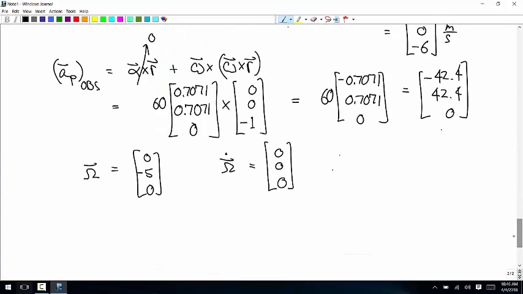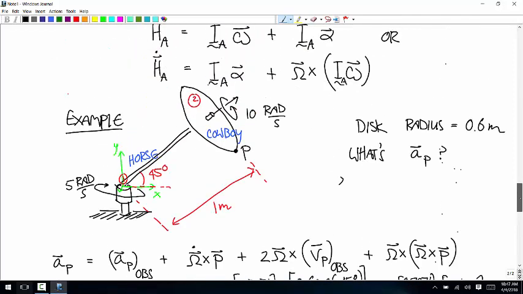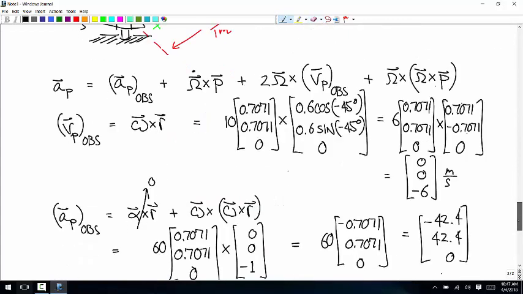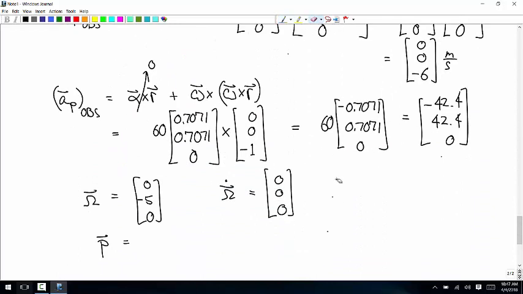The position vector, yeah. So the position vector is all the way from the origin to here, right? So that's going to be 1 times cosine and sine of 45 plus 0.6 times cosine and sine of negative 45. It would have been a little easier. You're right. I forgot about those radii.